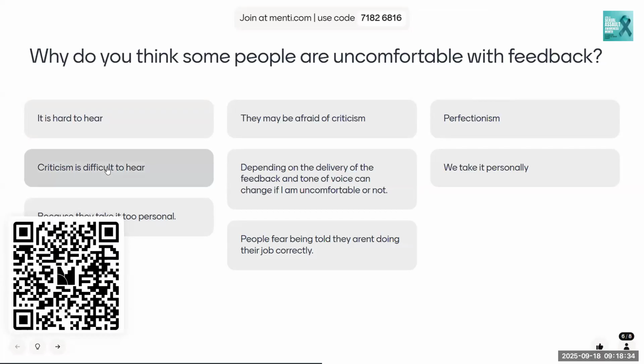Criticism is difficult to hear. Depending on the delivery of the feedback, tone of voice can change if I'm uncomfortable or not. We take it personally. People fear they're being told that they're not doing their job correctly because they take it too personally. Yeah.